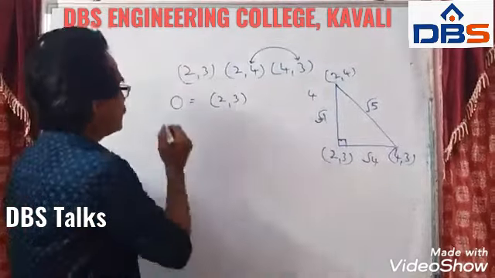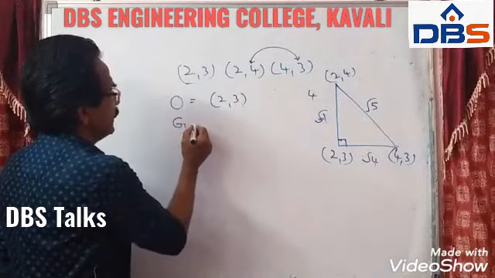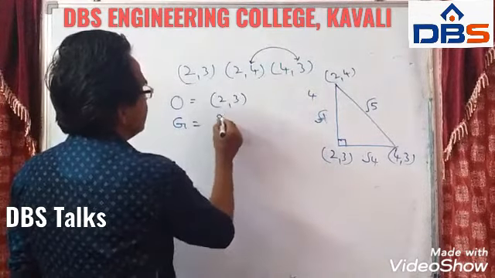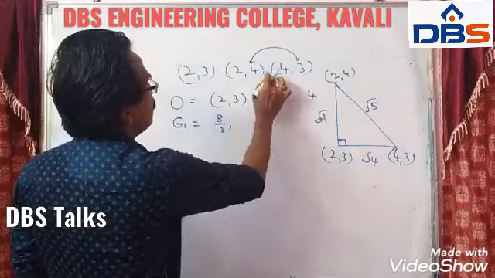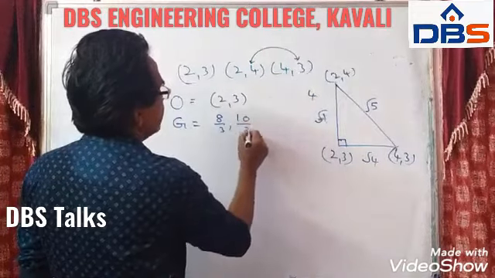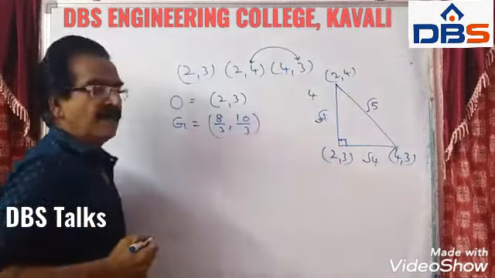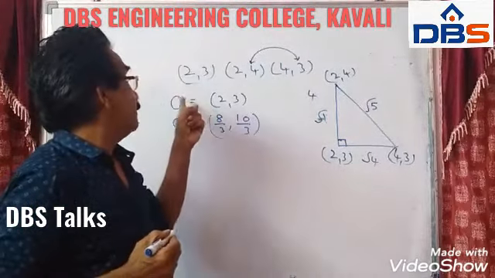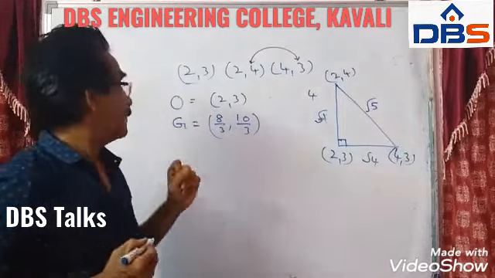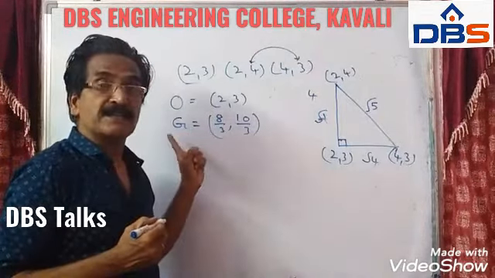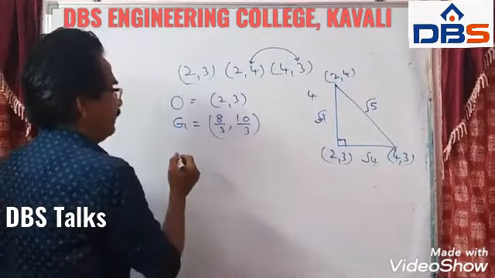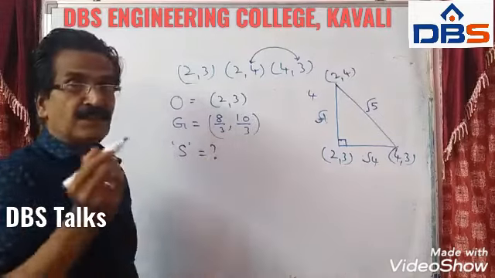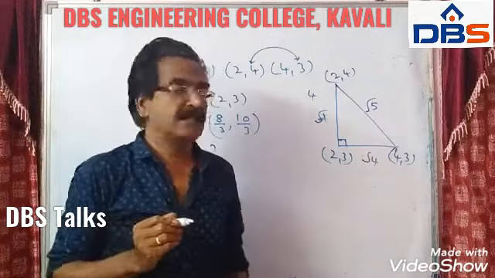And second thing, centroid G: (2 plus 2 plus 4) by 3, that is 8 by 3, and (3 plus 4 plus 3) by 3, that is 10 by 3. We know the orthocenter, we know the centroid G, and we can find S. Okay friends, we know that conclusion. What is that conclusion?